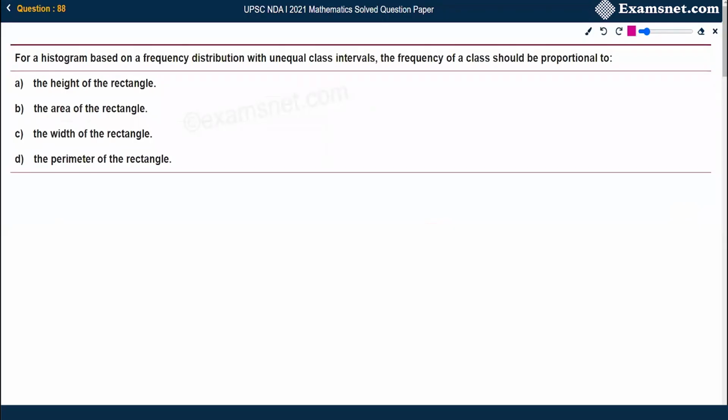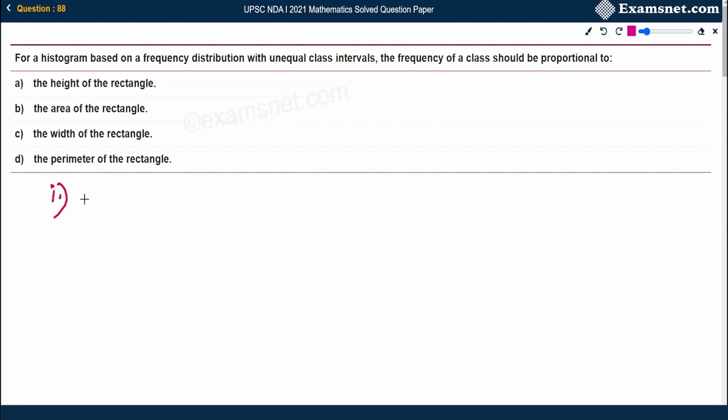In question number 88, it is given: for a histogram based on a frequency distribution with unequal class intervals, the frequency of a class should be proportional to, there are 4 options given. Okay, first of all, there are a few points regarding histograms that I would like you to remember.